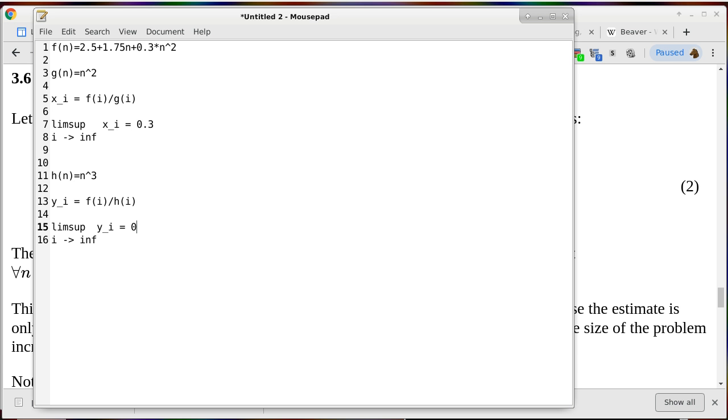So that means if you use h(n), which is n cubed, that can also be used as an upper bound. Are we overestimating a little bit here? Yeah, but it's still an upper bound of the complexity of the algorithm. Because upper bound doesn't mean it has to be matching the function itself.